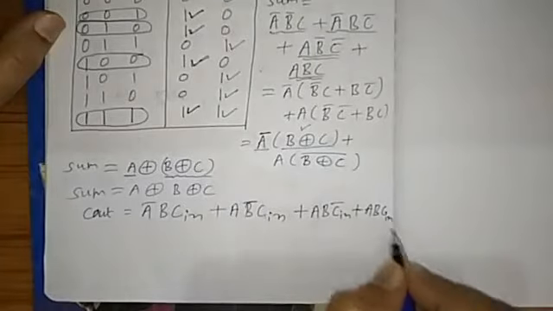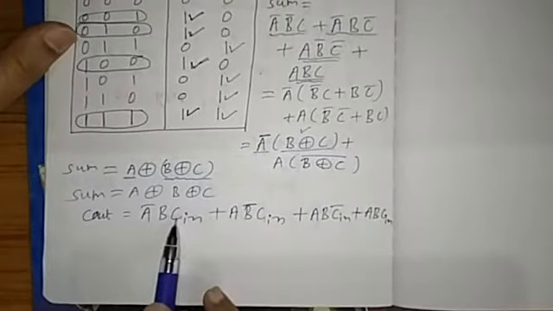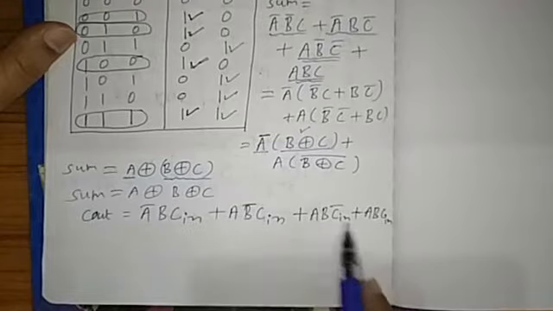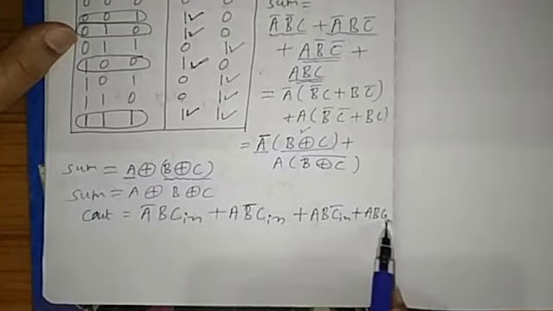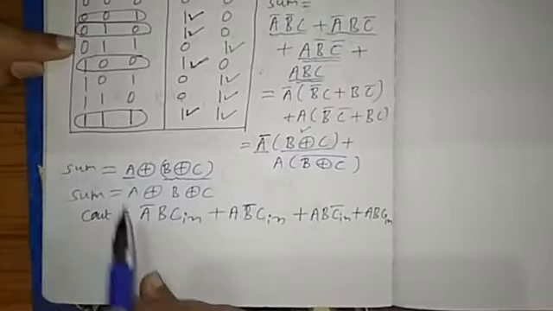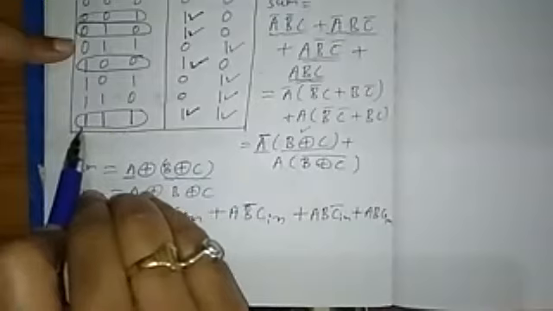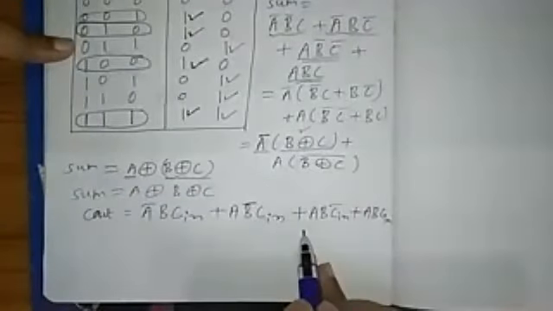A B Cin. If you observe here, if two inputs are one, or all three inputs are one, you are getting the carry. Okay, from this observation I can say, if two inputs are one, or more than two, that is, all three inputs are one, in that case only carry will be generated.